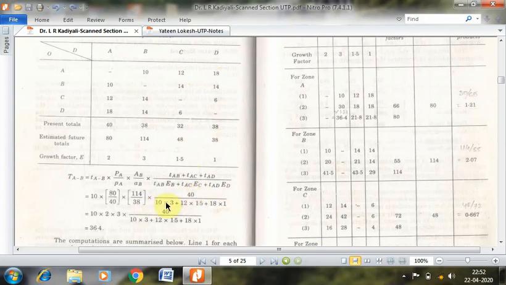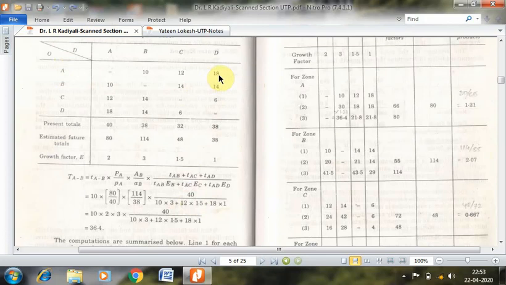Then 10 multiplied by the growth factor of B. What's the growth factor of B? It is 3, so 10 multiplied by 3, plus TAC, that is 12 multiplied by the growth factor of C. Growth factor of C is 1.5, plus TAD.